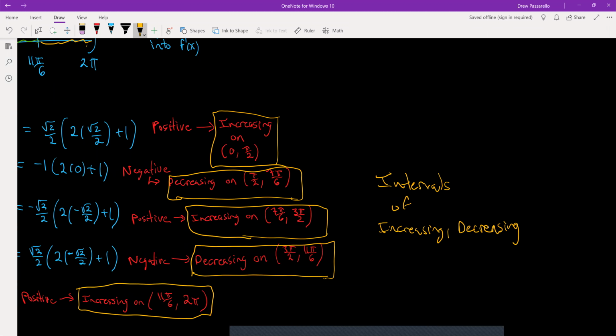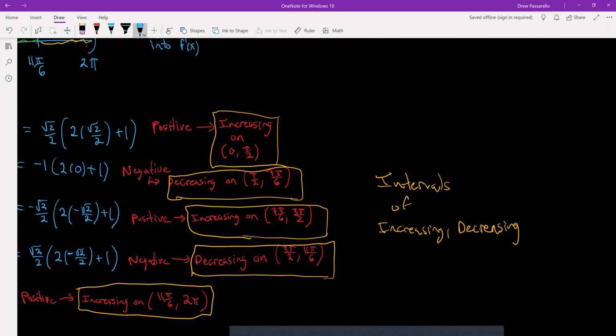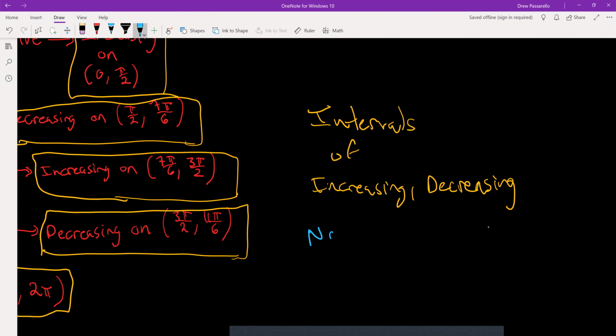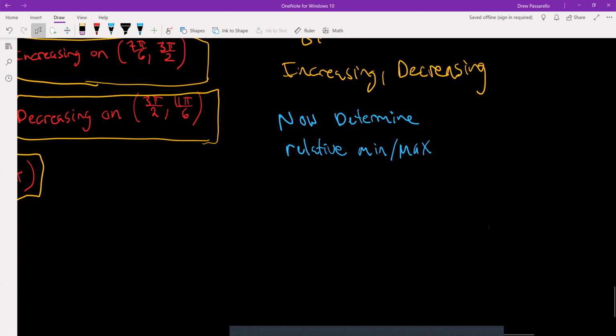All right, and so now we're finally going to get to the part where we determine relative min and max. Okay, so let me draw a number line.